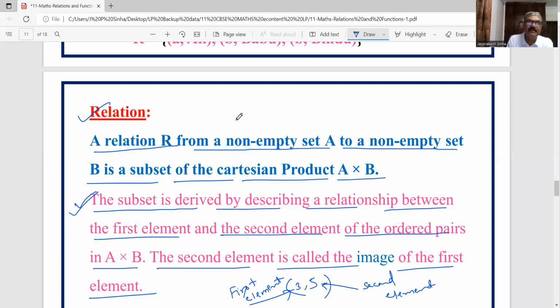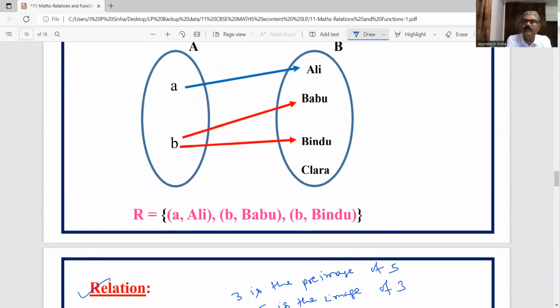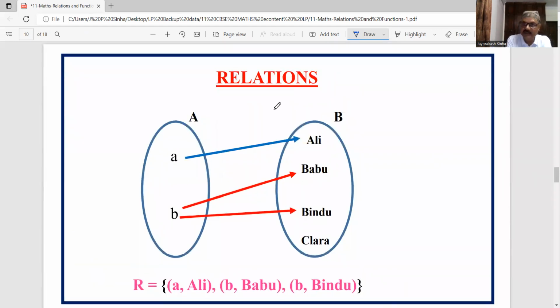So 3 is the pre-image of 5, and 5 is the image of 3. Okay. The second element is called the image of the first. So 5 is the image of 3, and the first element is called the pre-image of the second element. So there is one example. It is a relation.